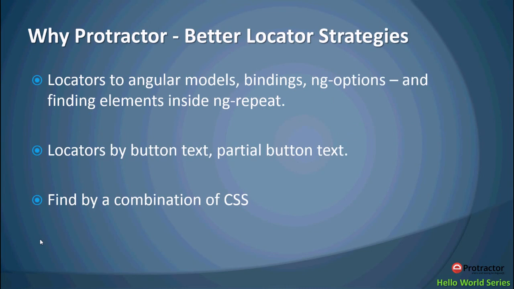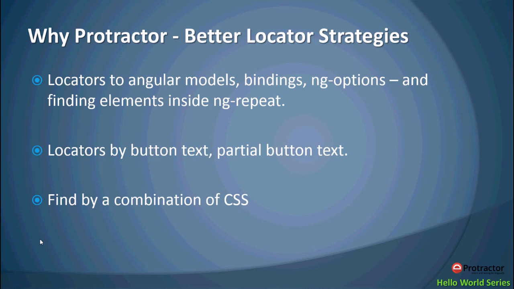Now, few more points why I should go for Protractor. We have very good locator strategies. So I can find my DOM elements using Angular models like ng models if they have been defined, ng binding, ng options, or in fact ng repeat as well. This is just a small list of locator strategies, how you can find out or locate the DOM elements.